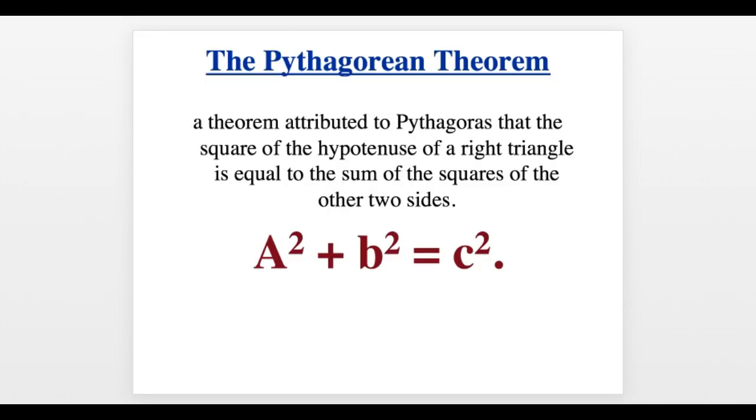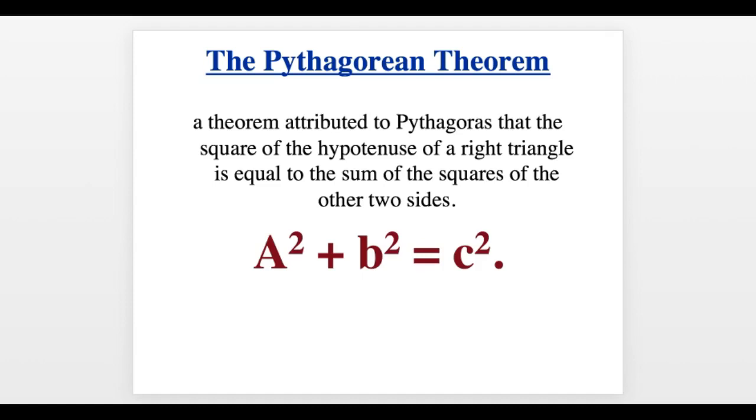Now, first of all, some of you may ask the question, what in the world is the Pythagorean Theorem? Well, long story short, there was a Greek mathematician by the name of Pythagoras, and he developed a theorem that basically says that the square of the hypotenuse of a right triangle is equal to the sum of the squares of the other two sides.